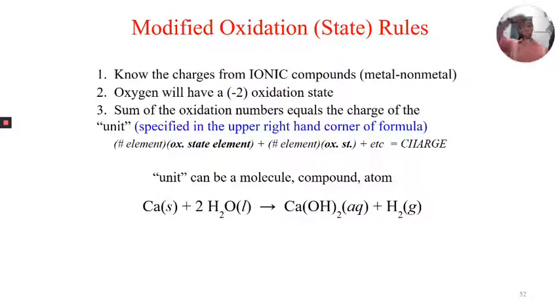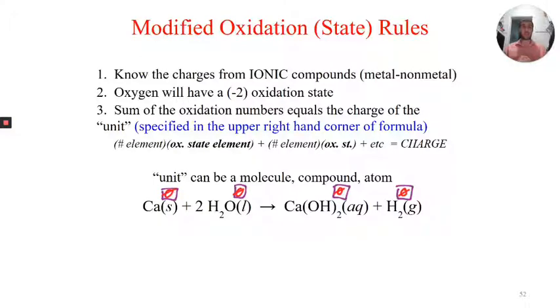Okay? The next part that kind of gets layered into this is the oxidation state is never explicitly stated. The charge, however, as we talked about back in Unit 1 with our atomic notation, is always specified. That charge is specified in the upper right-hand corner every time we write out a compound. And in most cases that you've been dealing with, that charge was 0, which is why we didn't have to write anything.